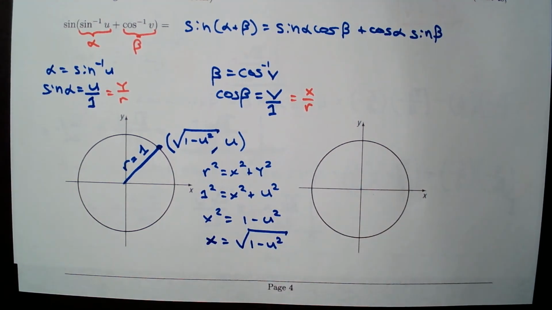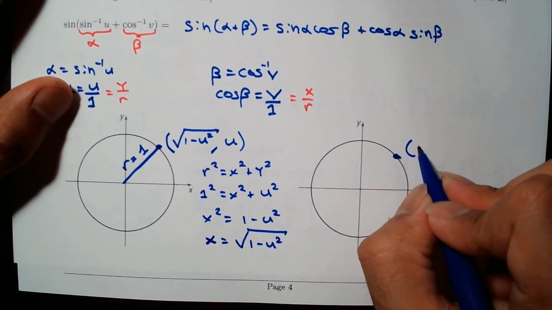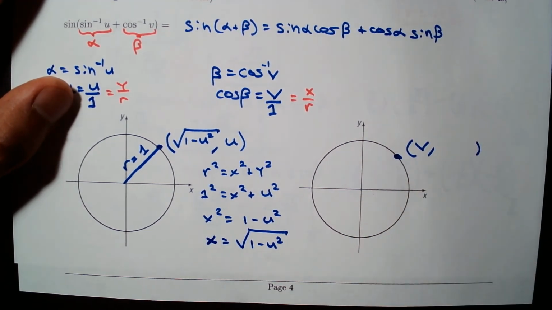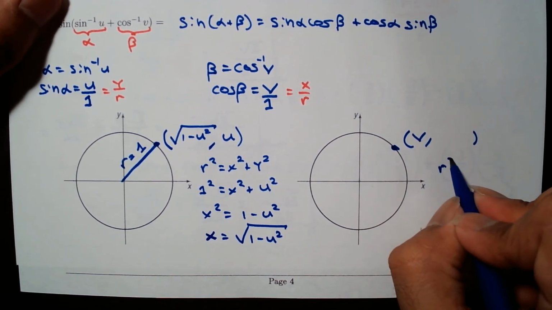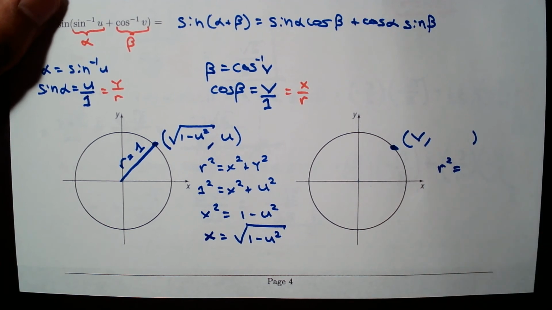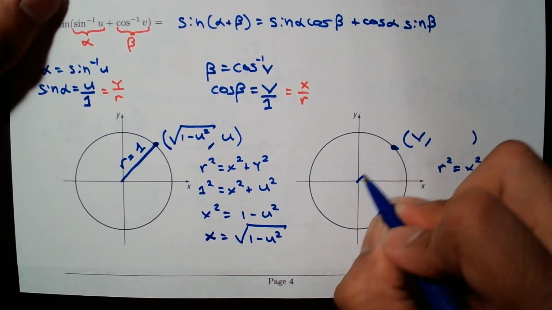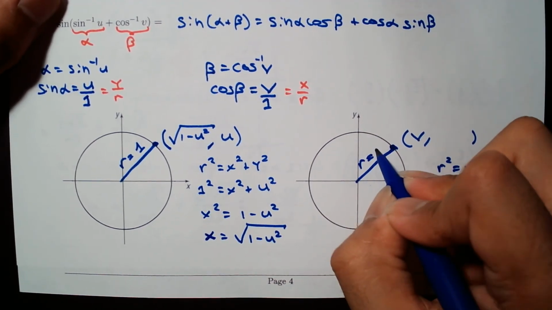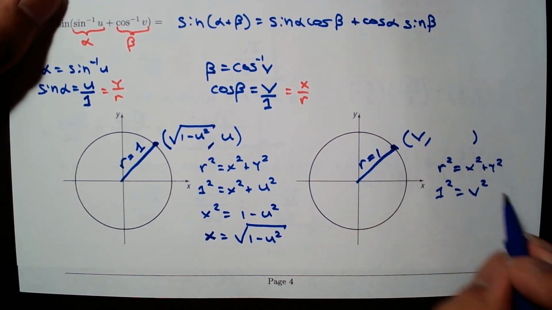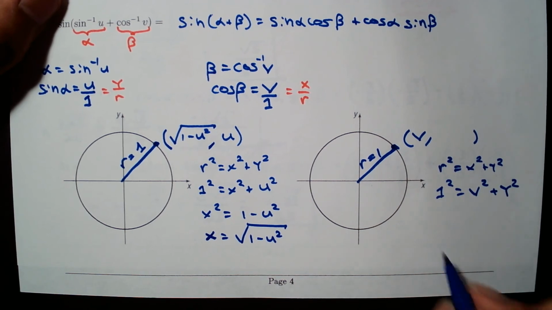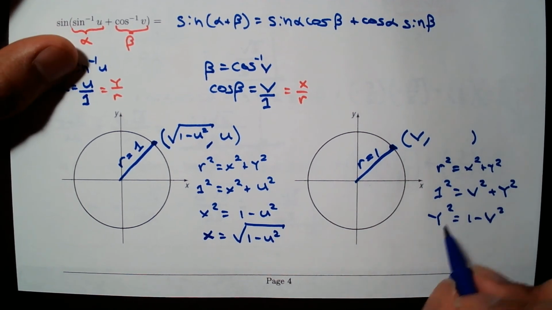Let's do the same over here. So this time I'm going to go to a point in which x is v, and the y coordinate is the one that we need to figure out what that is. So r squared equals x squared plus y squared, and r squared, well, what was r? Also 1. 1 squared equals v squared, because that's what x is, plus y squared, and then y squared equals 1 minus v squared, very similarly actually.